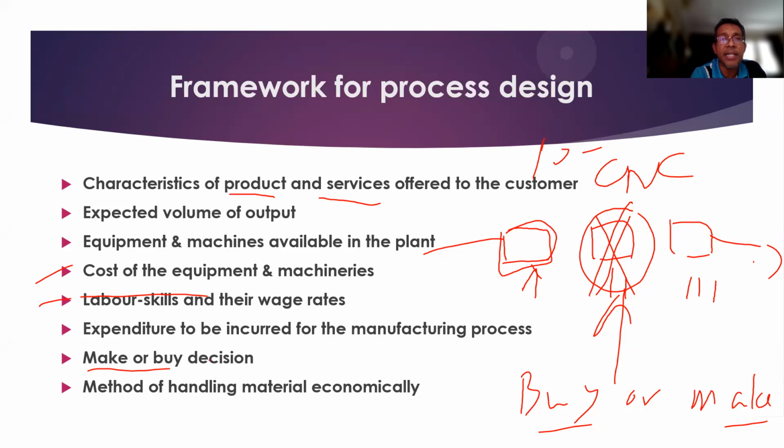So do you have the skill level you need to hire, or do you have existing skill to operate that machine? You need to consider that as well. If you hire, how much the cost, their salary, their allowance, their OT, whatever, you need to consider. There's a level of skill for the process, and then expenditure for the manufacturing process overall.